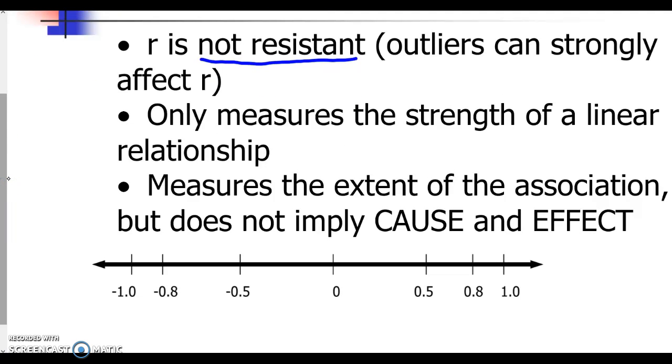If your relationship isn't linear, then don't even interpret the value of R. Last but not least, it measures the extent of the association, but it does not imply cause and effect. So just because two variables have a high correlation does not mean that the explanatory variable causes the effect in the response variable.